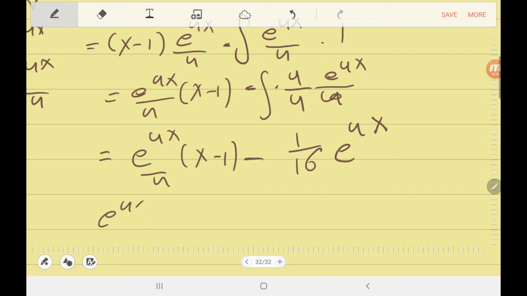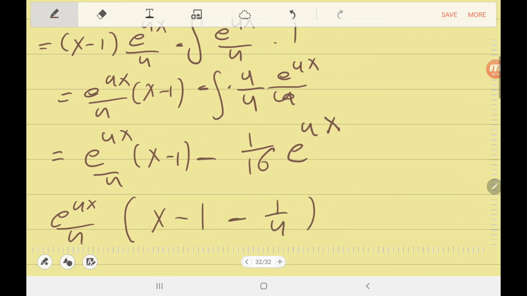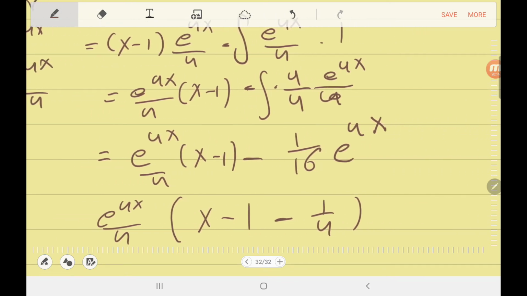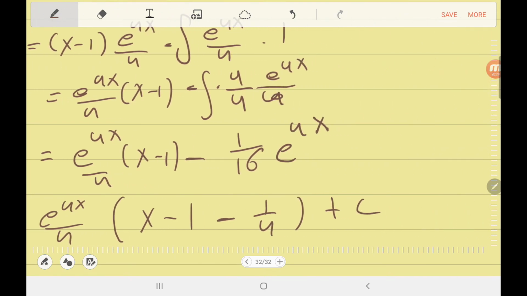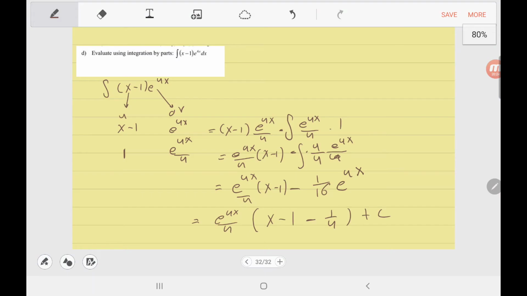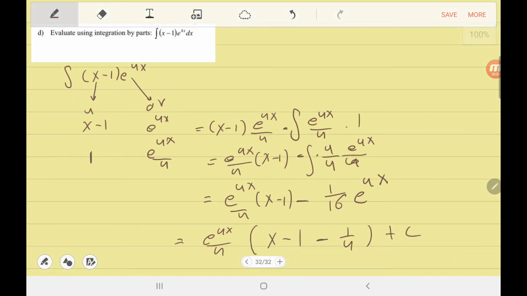We can take e to the power 4x over 4 as a common factor, with x minus 1 minus 1 over 4 remaining, plus c at the end. That's the part. Sorry for the confusion, but sometimes I need to remember the rules. That's it.